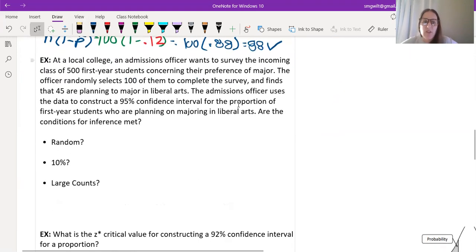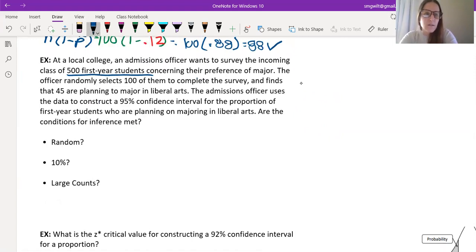The next example, we have a local college admissions officer that wants to survey an incoming class of 500 first-year students. So this is the total number of the population. So we've got a finite population of 500 students.